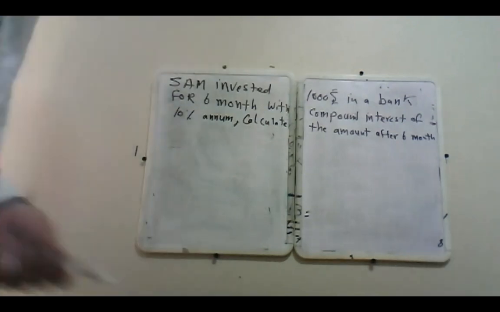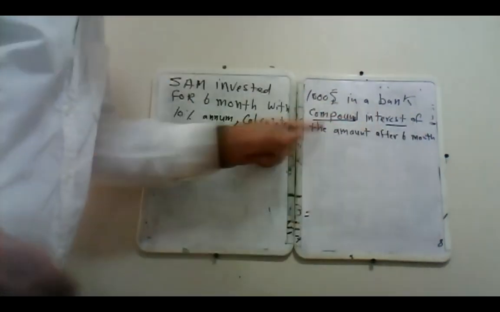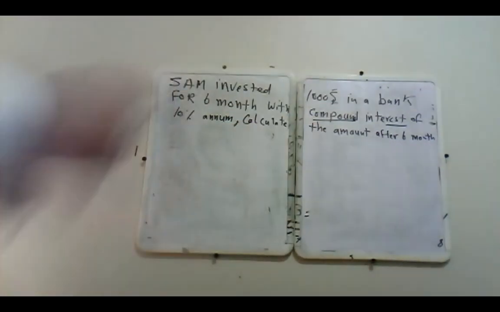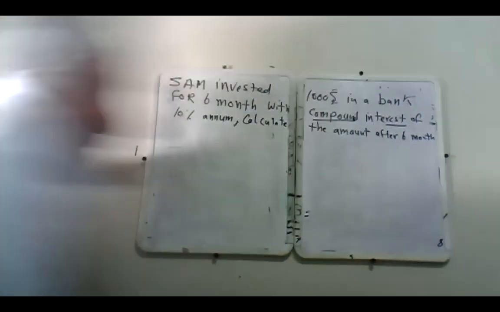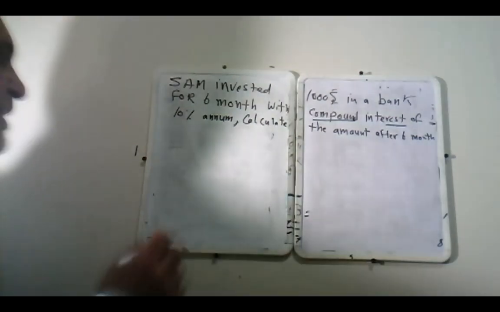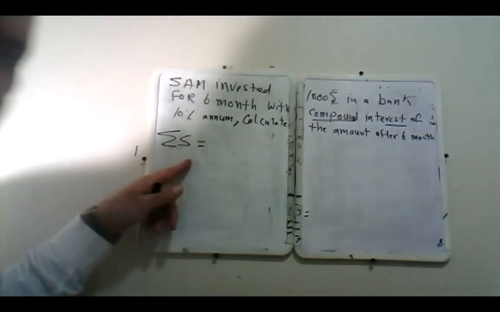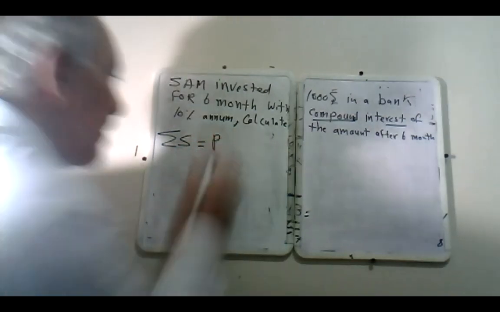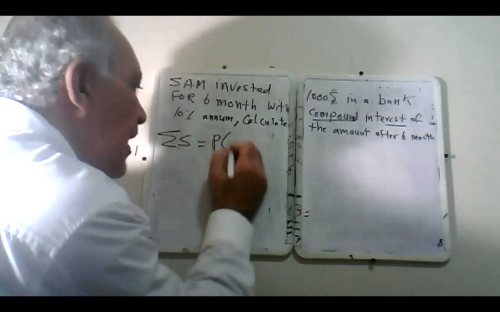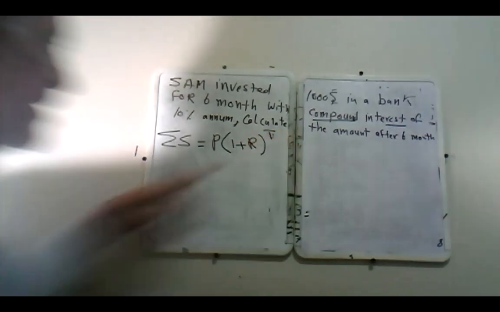So how will we get the future amount? Because the interest is compound, as we see here, we apply the compound interest law, not the simple interest one. So I will say the amount, or the sum, at the end of this period will be the principal P multiplied by 1 plus R, which is the rate, power T, the time.